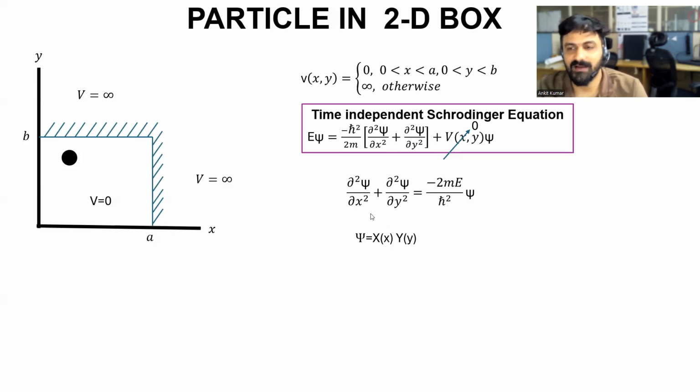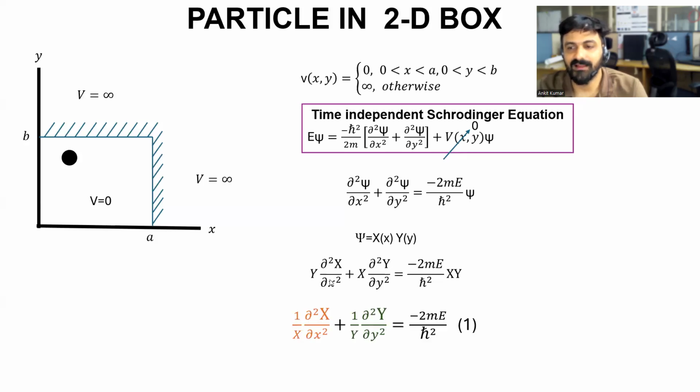After substituting ψ equals X times Y, the equation becomes like this. Once we divide both sides by X times Y, the equation becomes like that, and let us call this equation one.